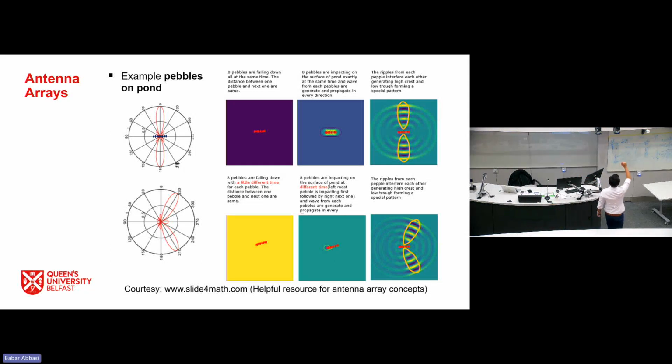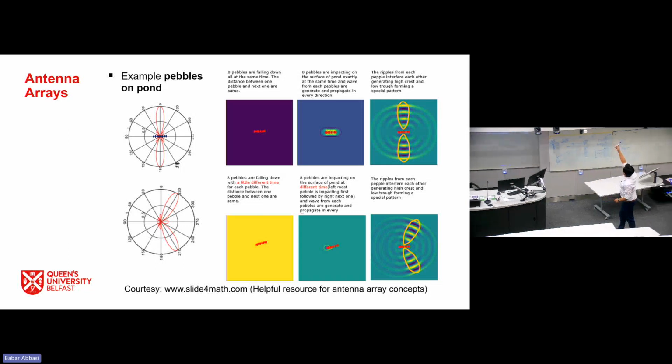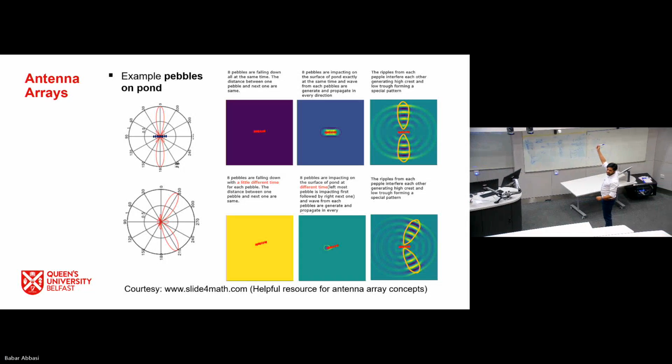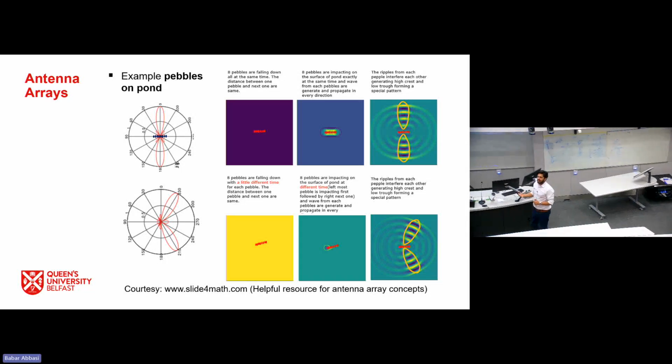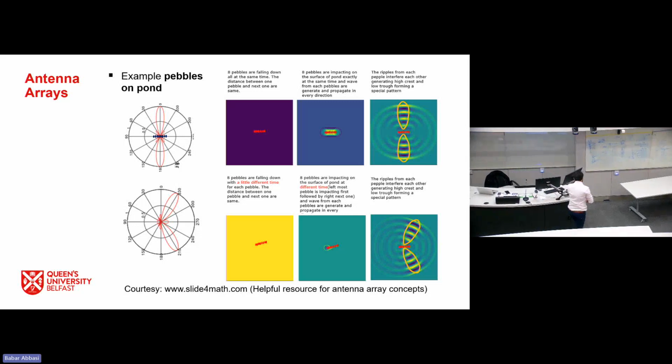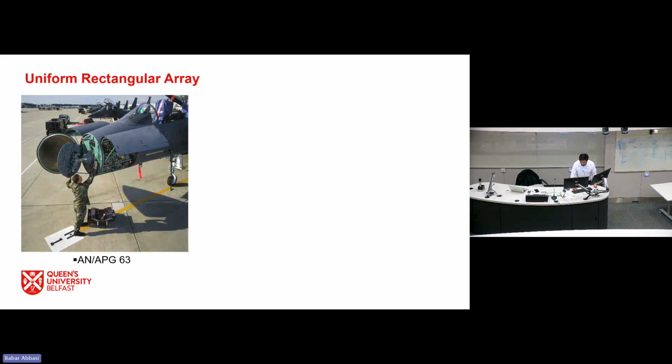But if we throw these pebbles at a given phase difference, or means one after other with a slight phase difference, then their constructive interference direction can be changed. Okay, so this is what we do when we excite antennas with a given phase difference, and that phase difference is written here in this equation by this plus minus alpha by 2. So I can change this alpha by 2.